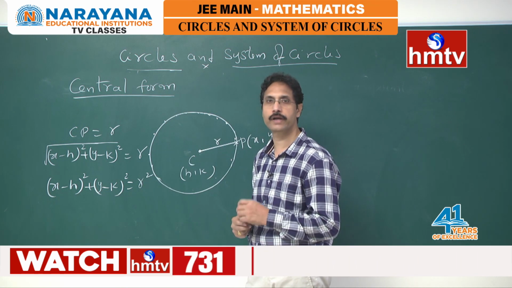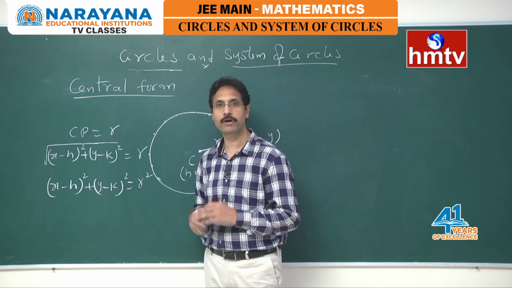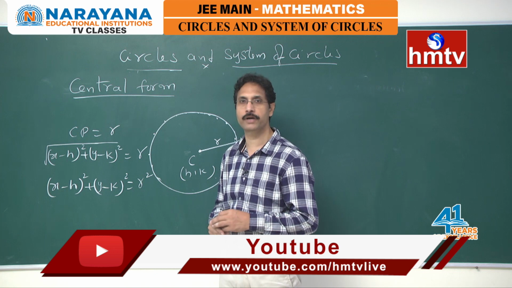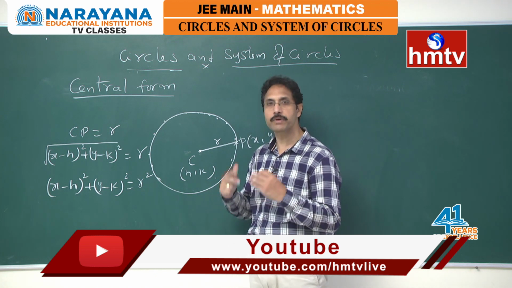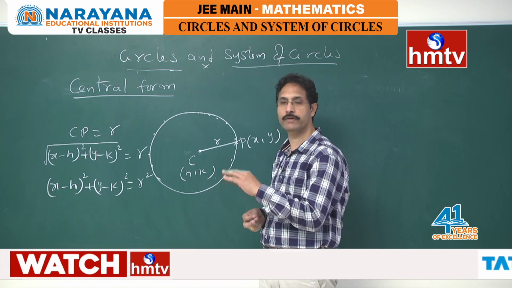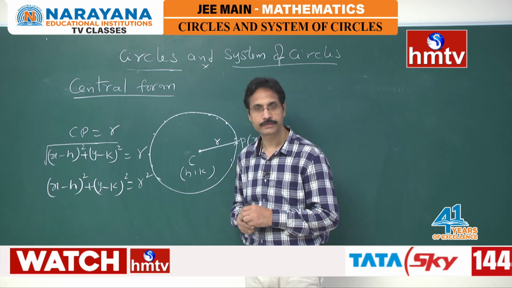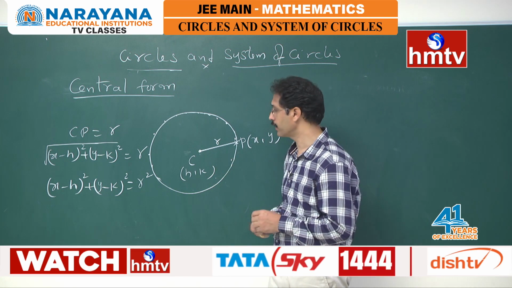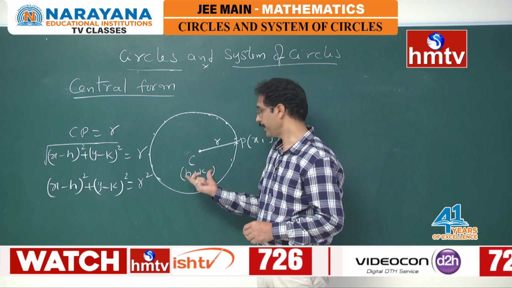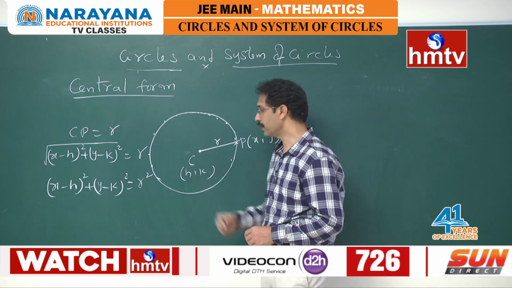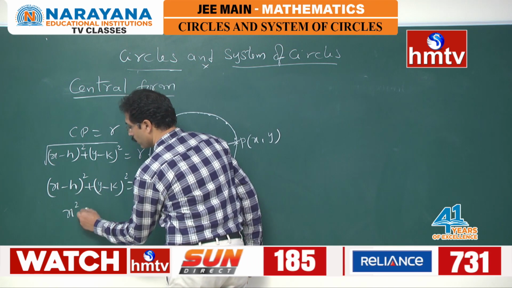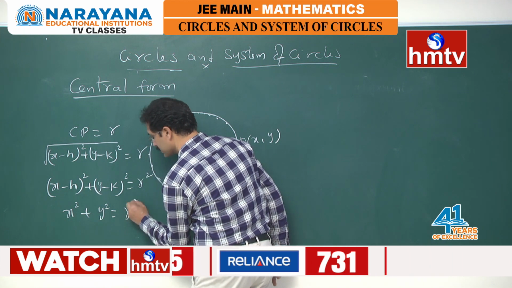That is why we always derive the standard results for a simple equation, by keeping the minimum number of unknowns. So what is the way? We use choice of axis, that is, we take the center at the origin for this circle. If I take the center at the origin, then the equation of the circle will be x² + y² = r².